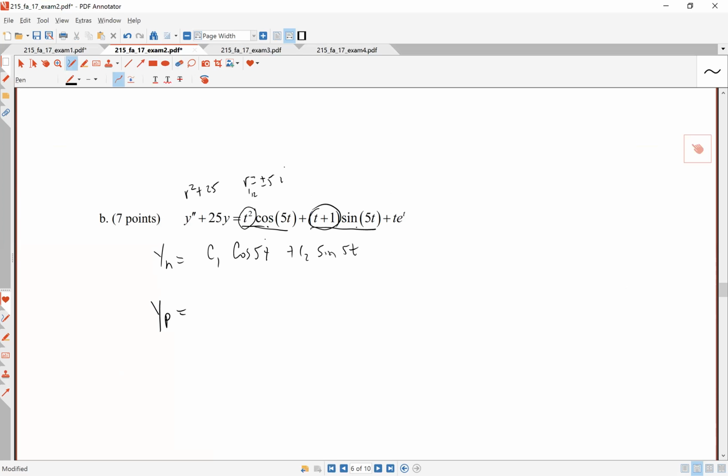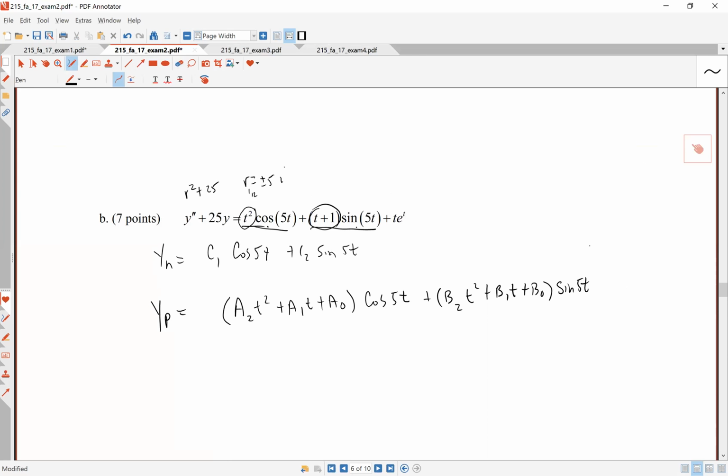So if it's a t squared, then we have to have a quadratic, a degree 2 polynomial in front of cosine, but we also have to have the same degree in front of the sine 5t.